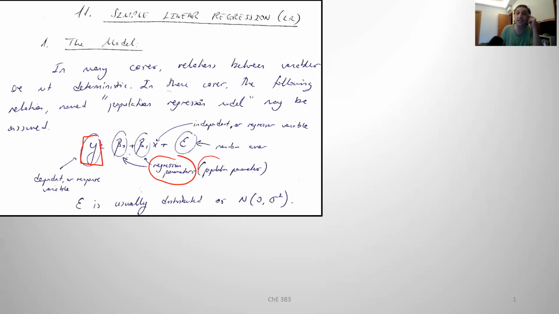Note that they are population parameters, which need to be estimated. We are going to have an independent or regressor variable x, and a random error term, which makes this whole model a statistical model due to the stochastic nature of the random error term. We are going to assume that the error is normally distributed with zero mean and sigma square variance.